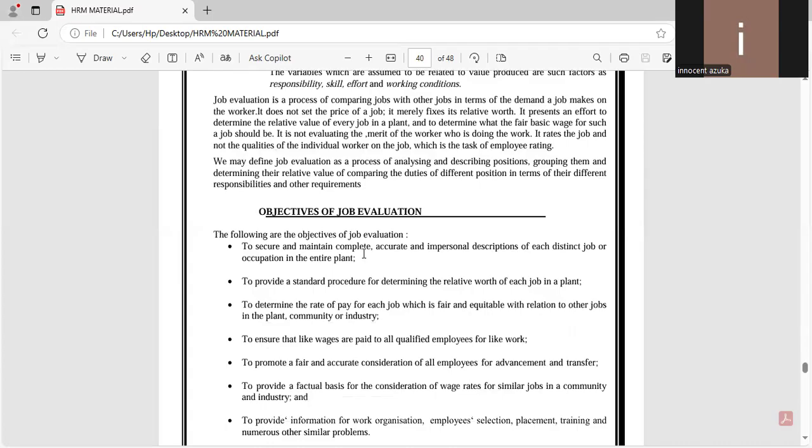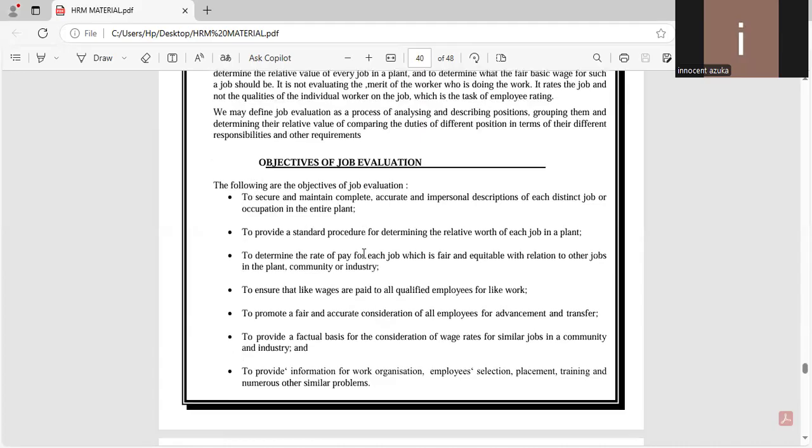So the objectives of job evaluation are, one, to secure and maintain complete accuracy and personal description of each distinct job of operation in the entire plant. Two, to provide a standard procedure and the worth of a job.